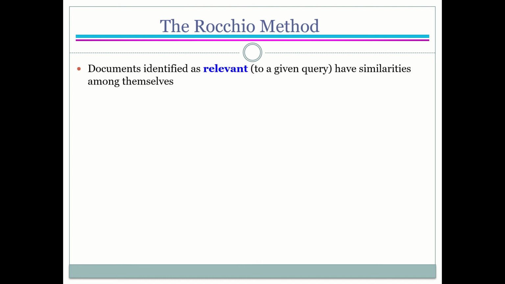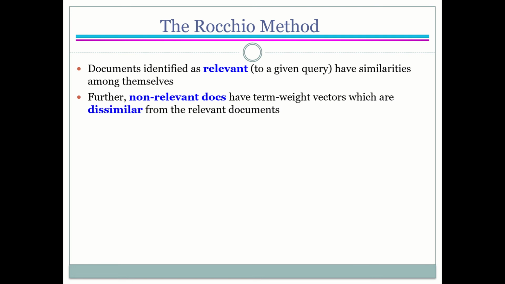So in the Rocchio method, if two documents are similar, they will have similar characteristics. So documents identified as relevant to a given query will have similarities among themselves. And non-relevant documents will have term weight vectors which are dissimilar from the relevant documents.